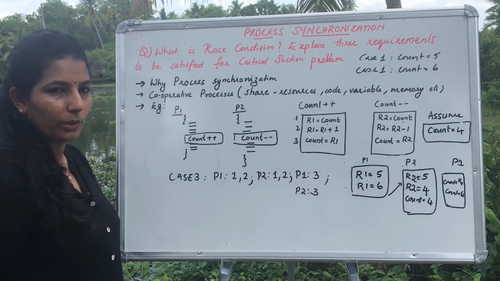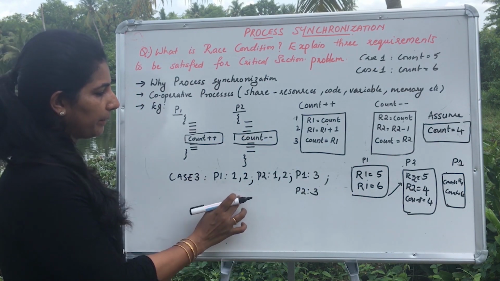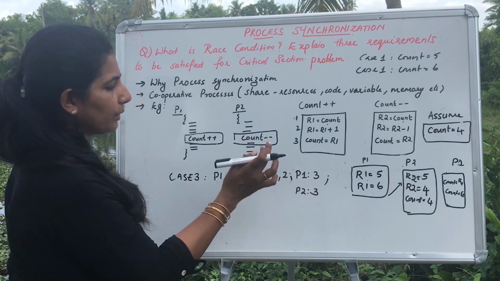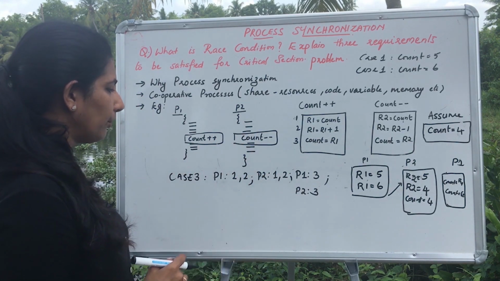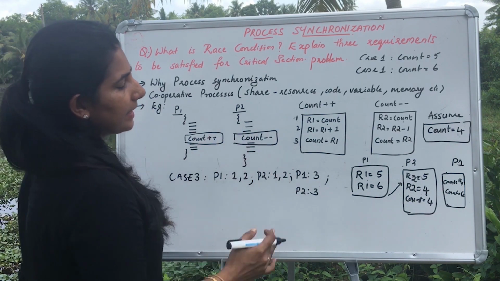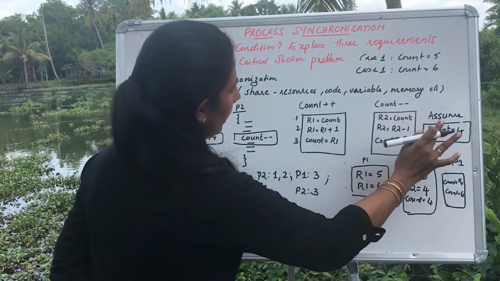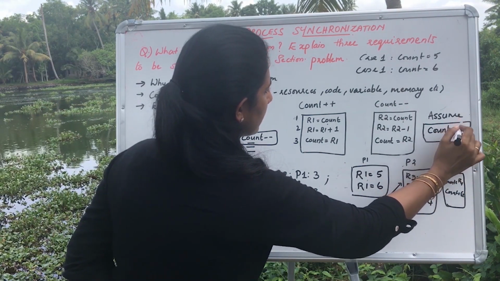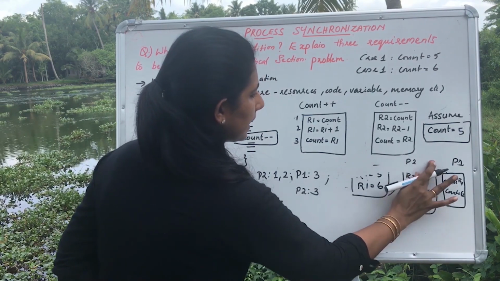So I have made a context switch. How many context switches? From P1 to P2, P2 to P1, P1 to P2. So I have made 4 context switches over here. Now let's see what is the updated value. So I have assumed the initial value of count is 5. So let's go with this particular variation.